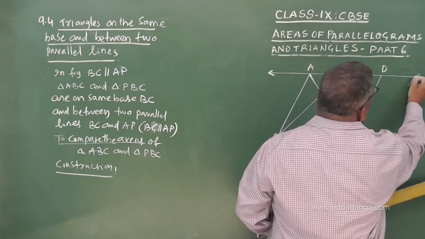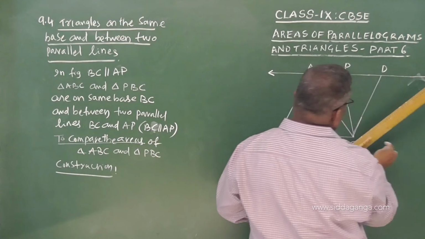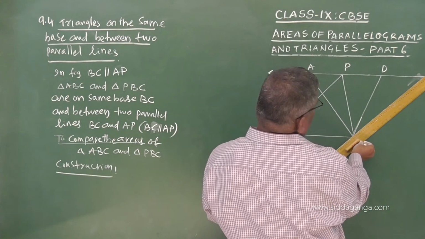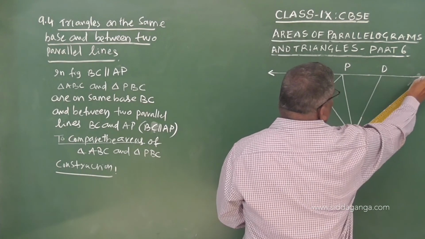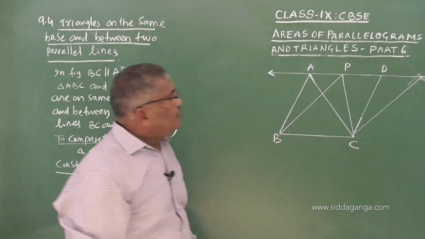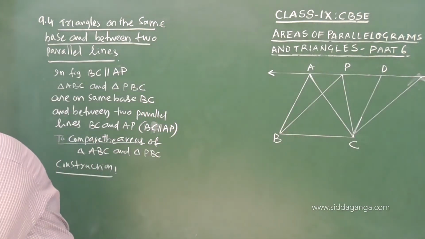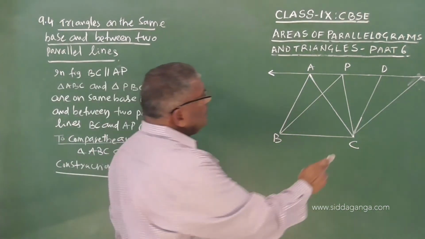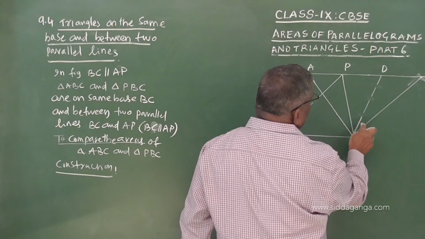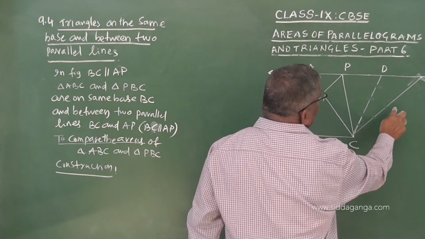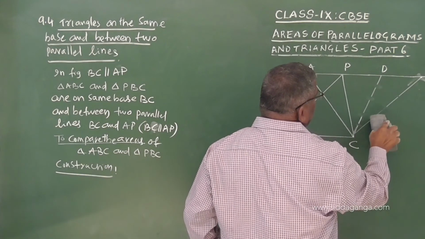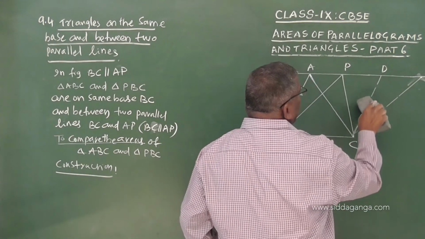I will extend further. So, this second line is parallel to BP. These are constructions. We can even represent them by dotted lines, to represent construction.